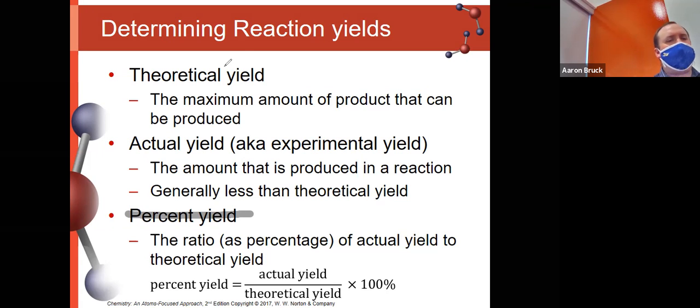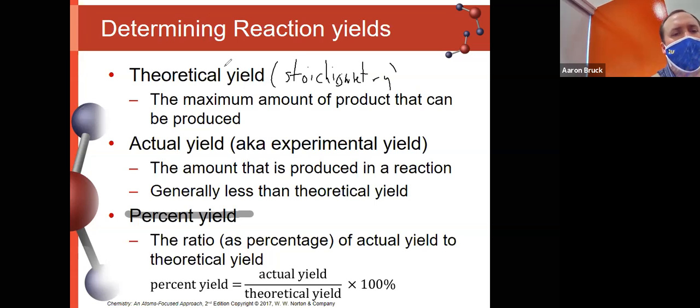Now, the theoretical yield is the maximum amount of product that can be produced. This is predicted by stoichiometry and is backed by your law of conservation of mass.